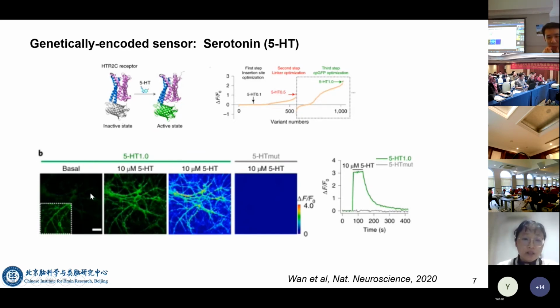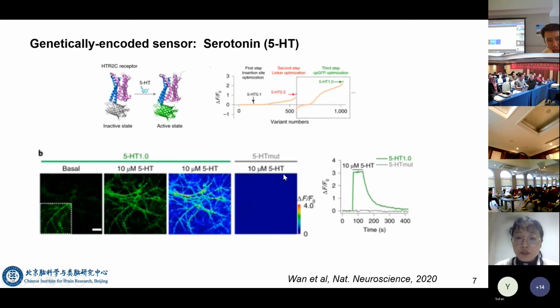And when they showed the experiment, at basal level the serotonin has only a very low influence on the cultured neurons, and then when adding 10 micromolar serotonin, it shows a much higher signal.